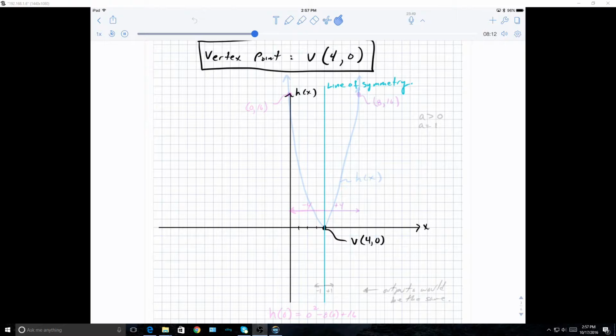Now, since we know that the A value here was positive, we know that it opens up. Because A is bigger than 0, A was 1, so it's definitely bigger than 0. This will open up, and that's nice to know.